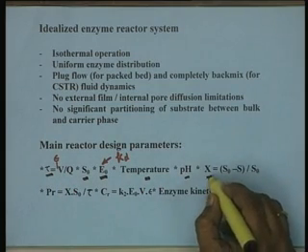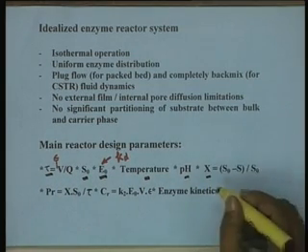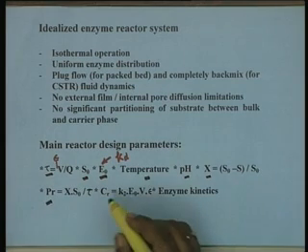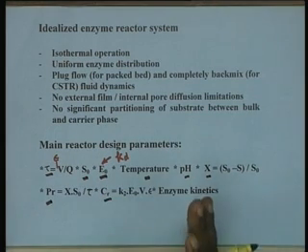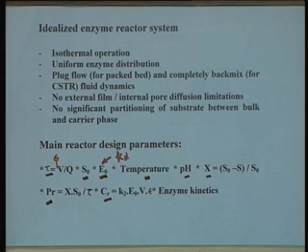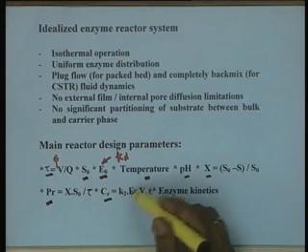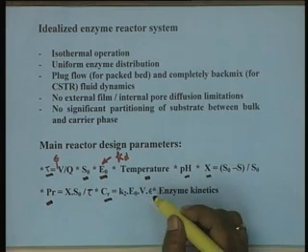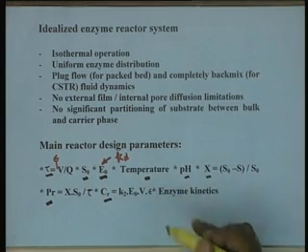Other design parameters are fractional conversion and productivity and reactor capacity. That means, what is the maximum reaction capacity, assuming that the enzyme reaction follows a maximum reaction velocity, that is a 0 order profile, and the productivity of that kind of a reactor will be your reaction capacity.